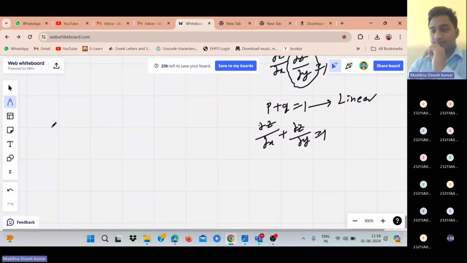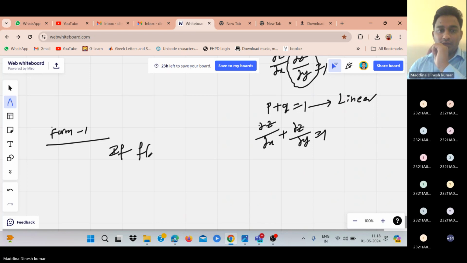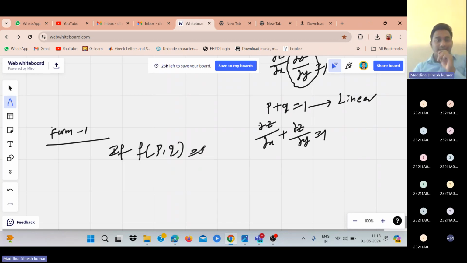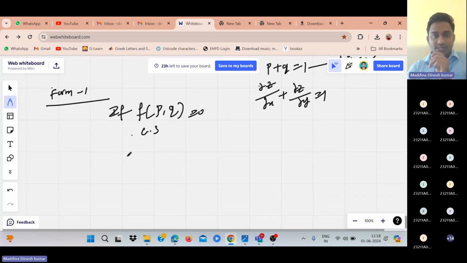So that is form 1. If f of p comma q equal to 0, that means the given PDE is a function only in terms of p and q, then the complete solution is z equal to ax plus by plus c.